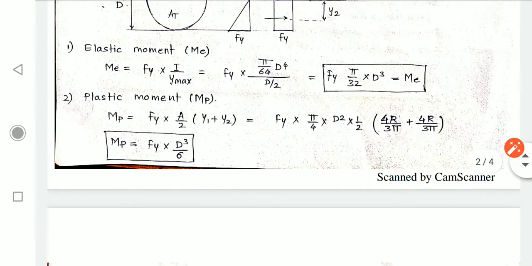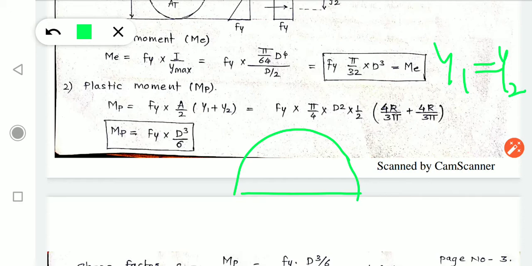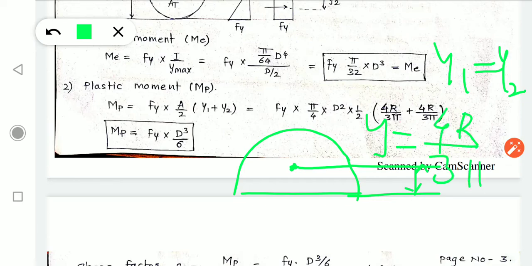Now calculating plastic moment. In the plastic moment, we need to calculate y1, which equals y2. For the circular section, you must remember this is your upper semicircular part. The centroid of it will lie somewhere over here, and the distance from the neutral axis to that centroid, which is nothing but y in our case, is 4r divided by 3 pi.